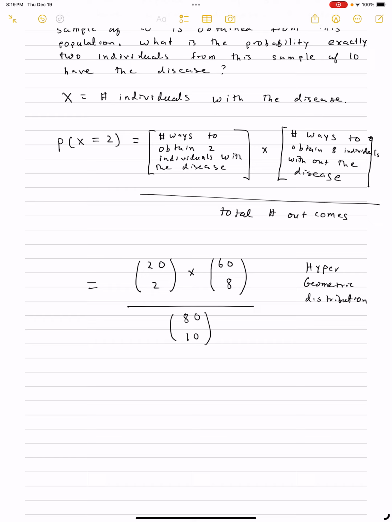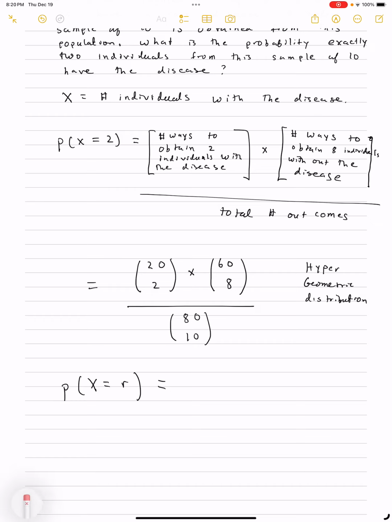That's how I normally do these calculations. But if I wanted to calculate the probability that there are individuals with a trait or a disease, this is how it's going to work.